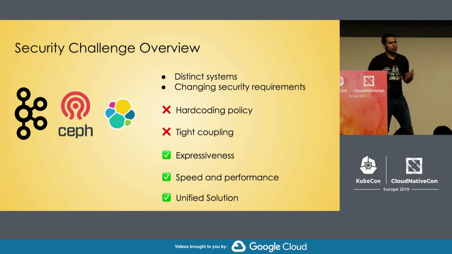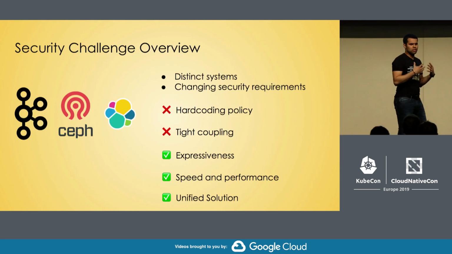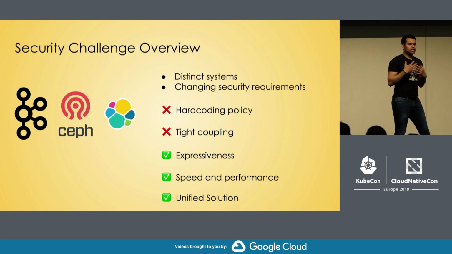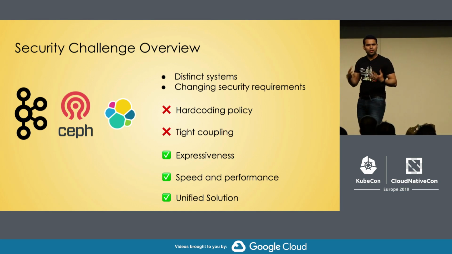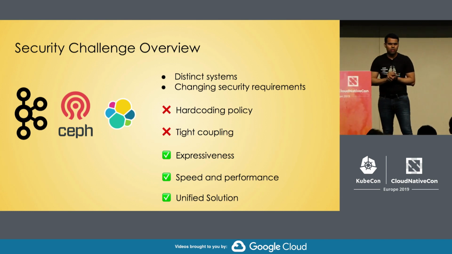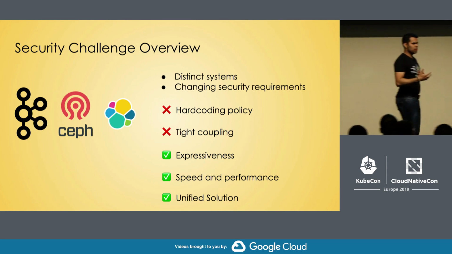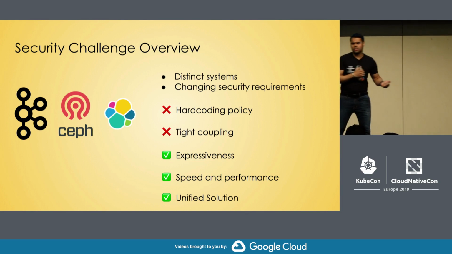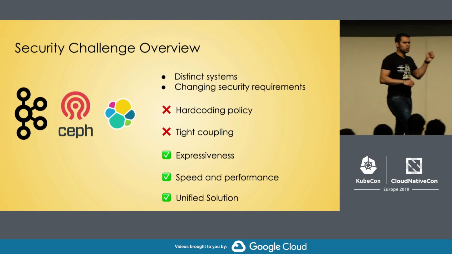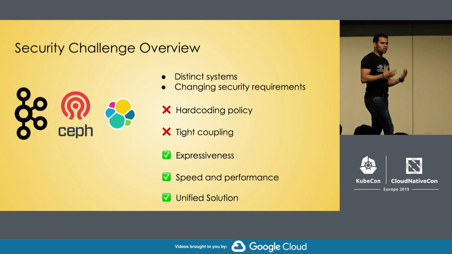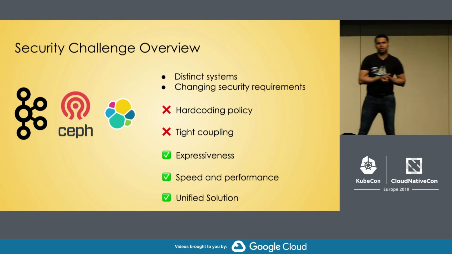And so now you have these three distinct systems, each in their own different programming languages, each having different security requirements, which keep on changing over time and hence become difficult to predict. How are you going to enforce policies in each one of them without hard-coding that policy in software?